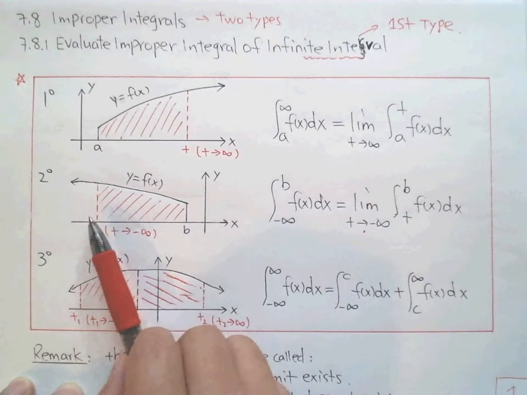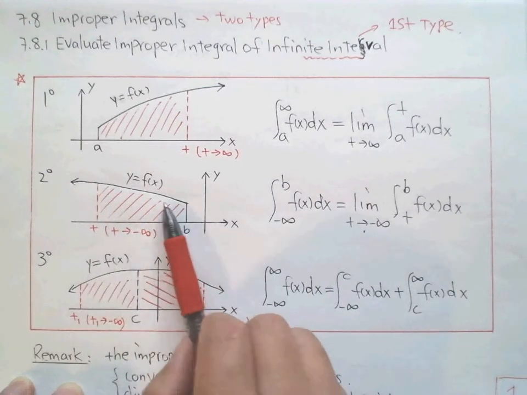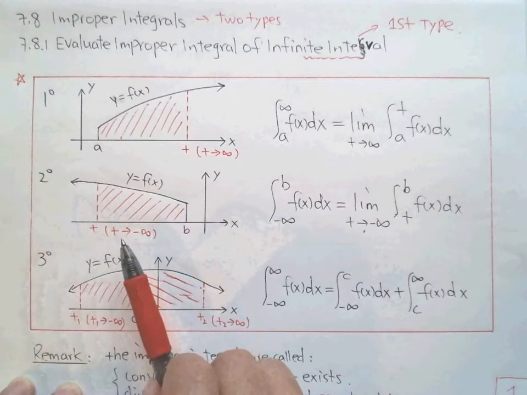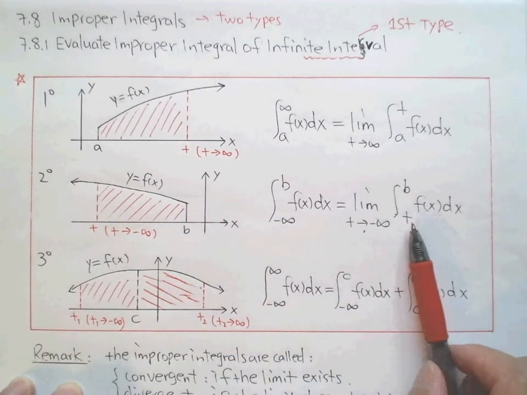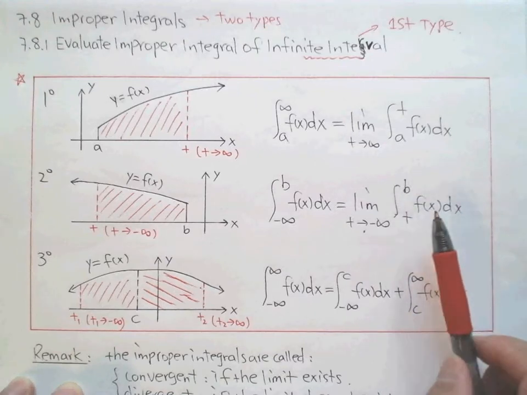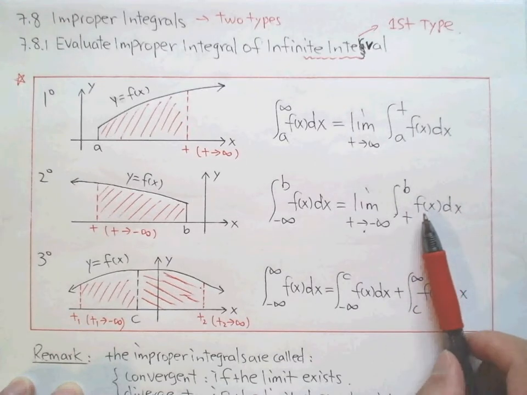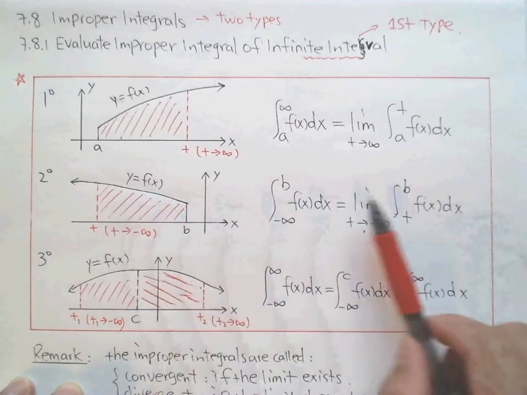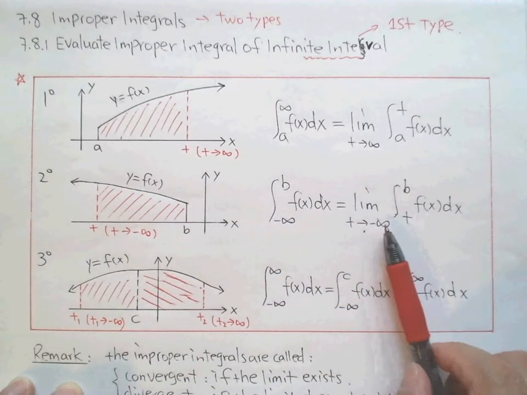Take t, find this area, and then let t go left, approaching negative infinity. Here is the definition. Find the area, which is a definite integral, from t to b. This is the area I highlight. And then let t go to negative infinity.